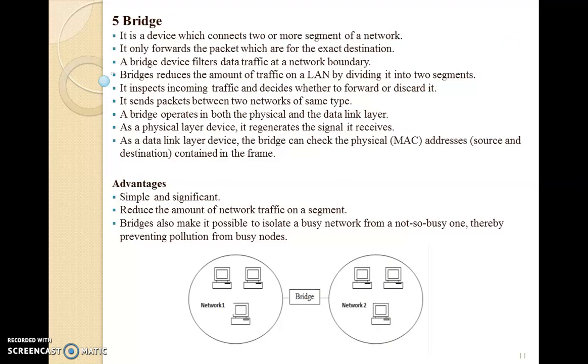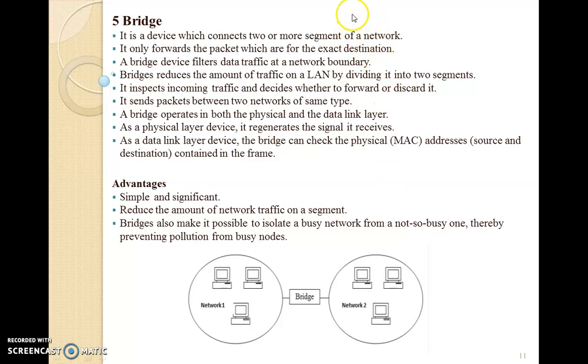Next device is a bridge device. Now see, bridges are devices which are generally used to connect one network with another network. Bridges can connect similar kinds of networks in a more convenient manner.